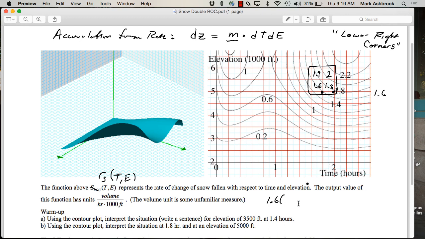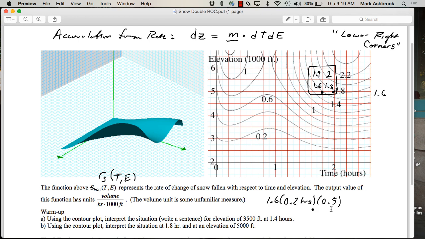So each little square is 0.2 hours. And then dE. What's dE? Again, 1 is the whole square, so 0.5 thousand feet, or 500 feet. But we want to keep it in 1,000 feet because that's what this rate is in. This rate is per 1,000 feet, so this has to be per 1,000 feet too.